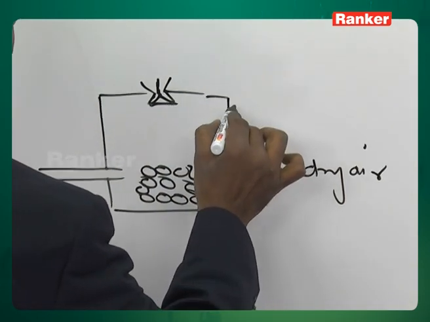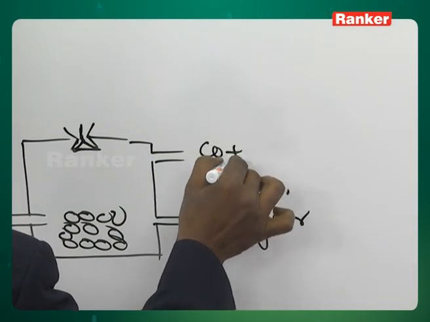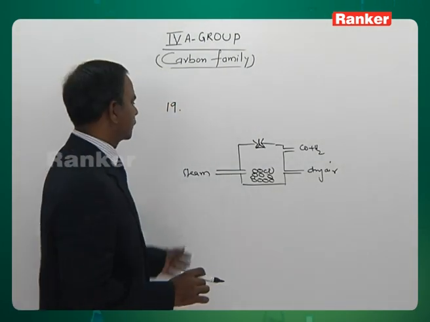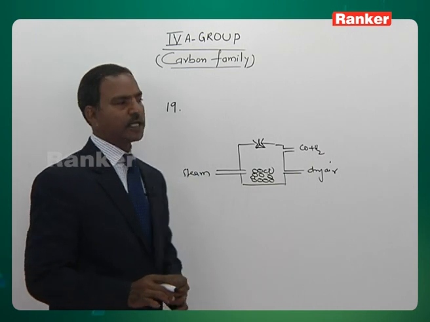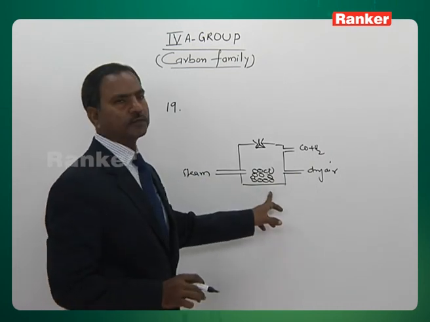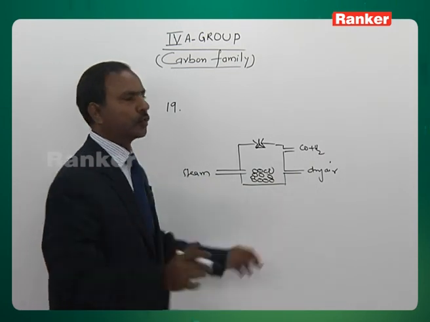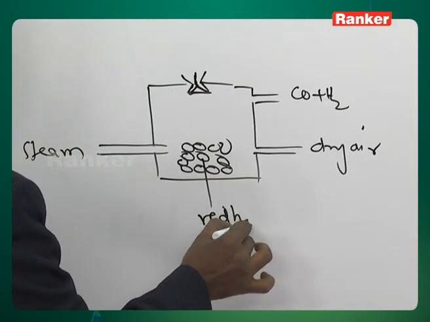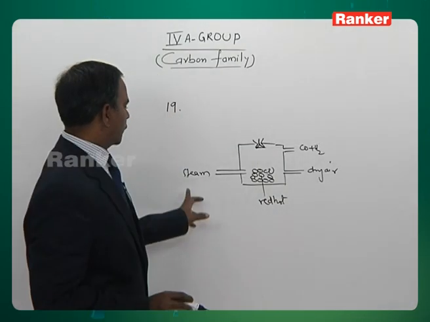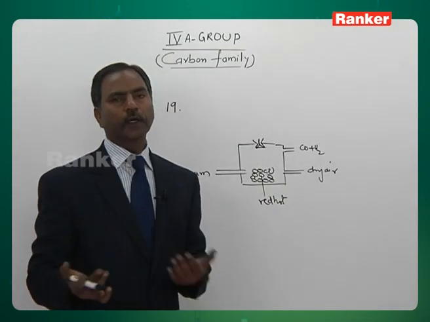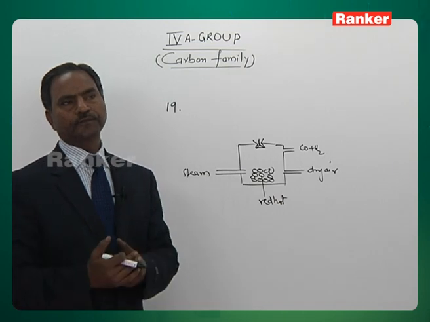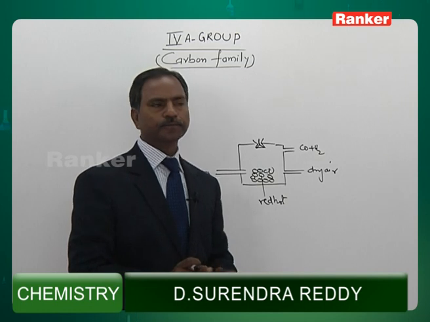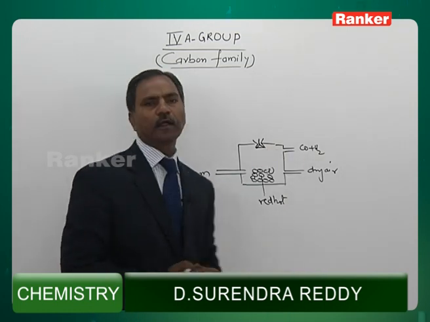This is water gas, CO plus H2. What is the mechanism here? While producing water gas, you have to pass steam through red hot coke. Once you pass steam, the red hot coke cools down itself. Therefore, for 15-20 minutes you pass steam and get the water gas.